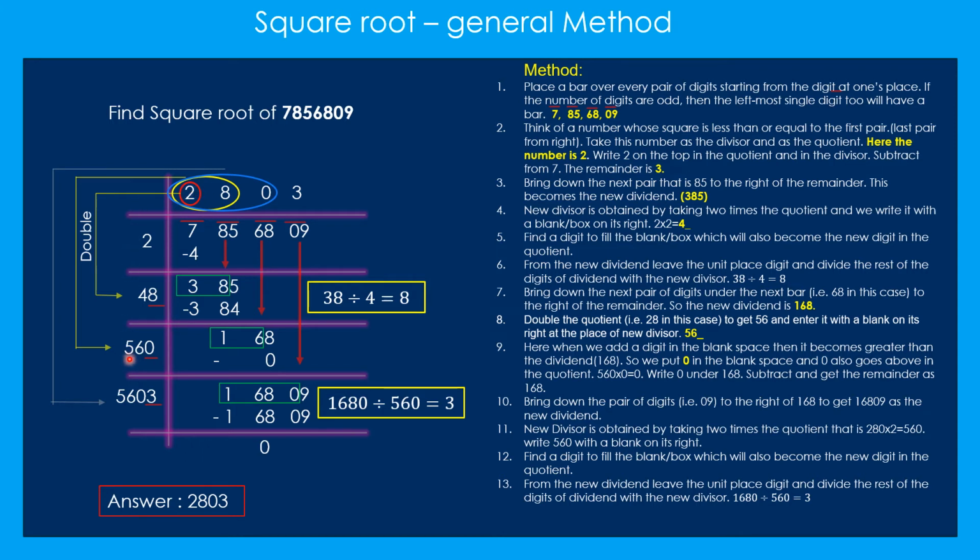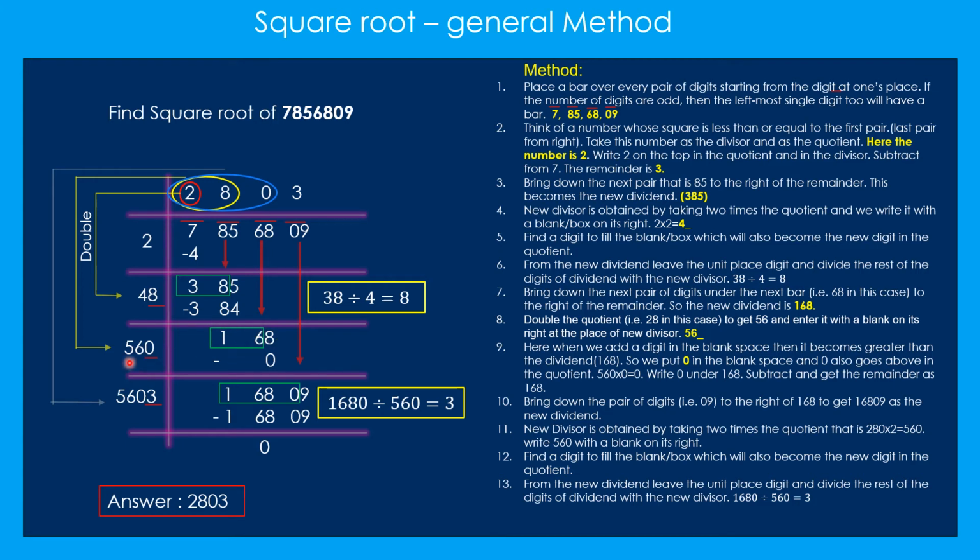And then after you write 56, you just put a blank space here where you need to add the number, and that number is also added to the quotient. So in order to find the number for the blank space, you leave the unit digit of the dividend here, 8, and what is left is 16. Then this 16 is divided by 56.